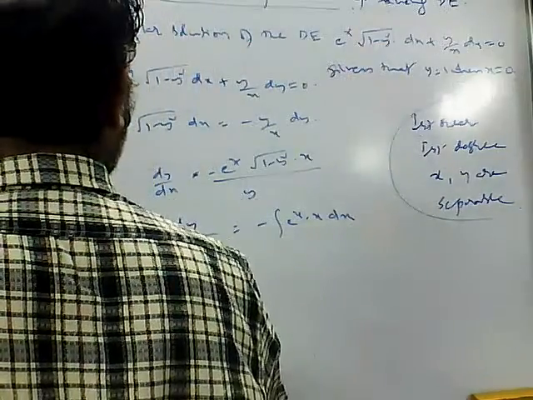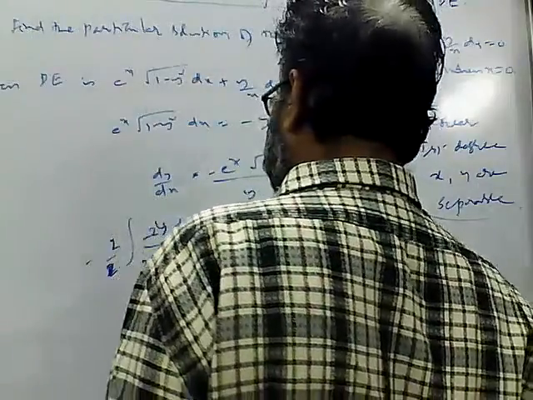Here 2, here 2. So integral 1 by 2 root x is equal to root x. So minus root of 1 minus y square is equal to minus integral of e power x into x dx.